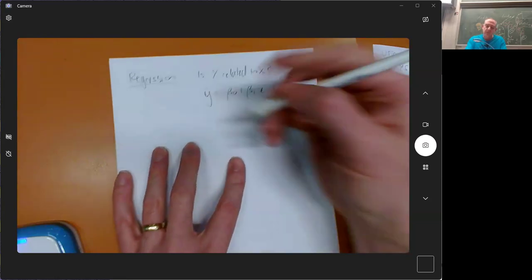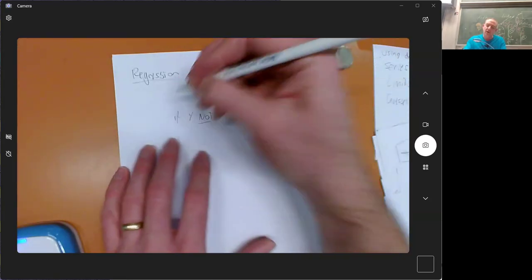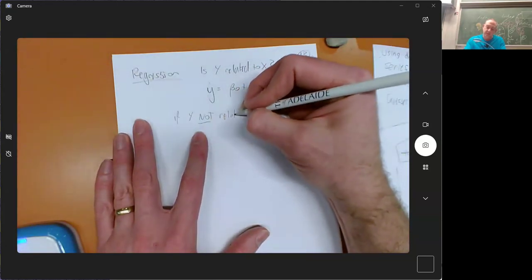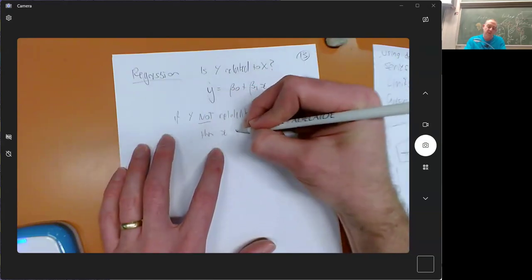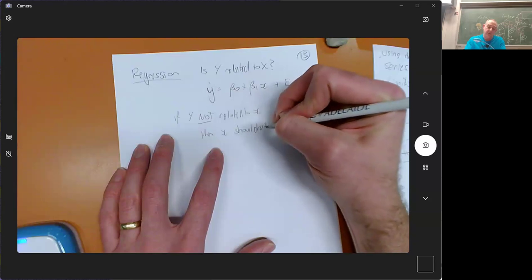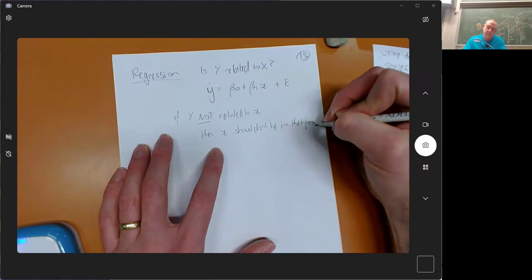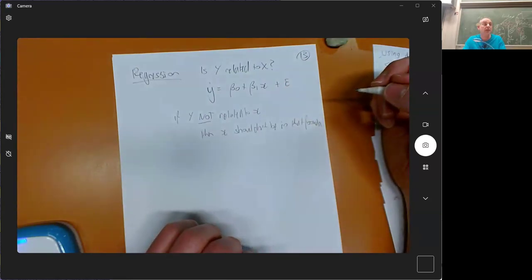So the null hypothesis is Y is not related to X, then X shouldn't be in that formula, because it should be impossible to calculate Y from X if they're not related.